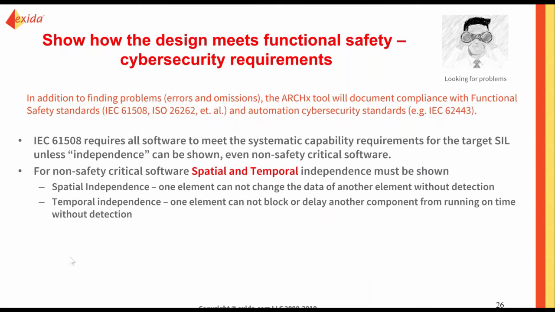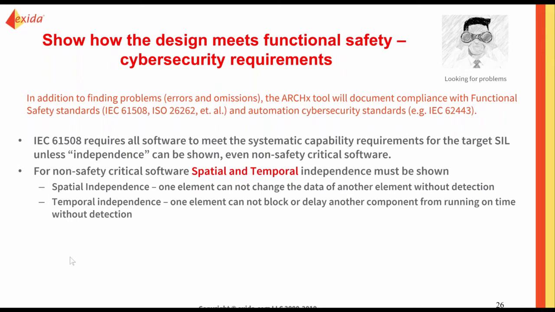Now, how do we do that? Because this is different. This is something that isn't in the traditional software HAZOP, Software FMEA tool set. And what are these requirements? Well, the key is that IEC 61508 requires all software to meet the systematic capability for the target SIL level.